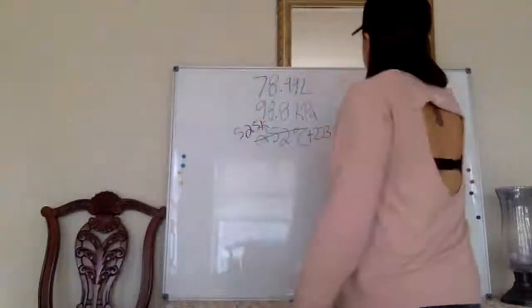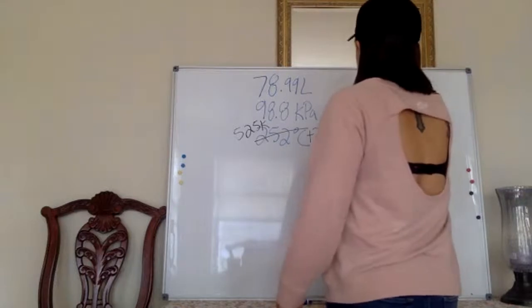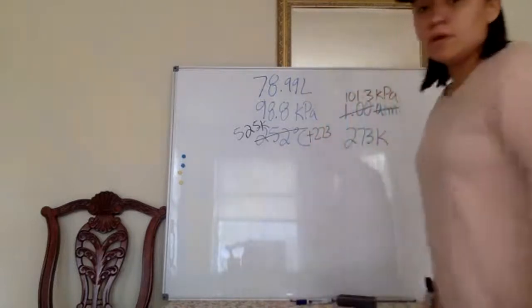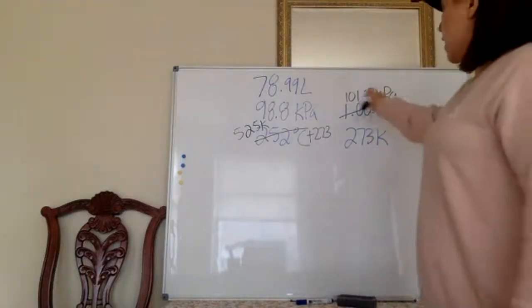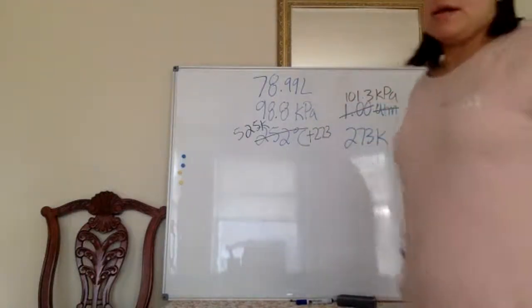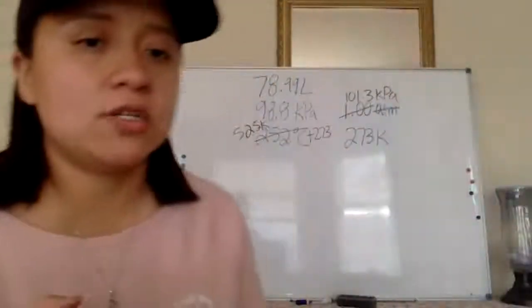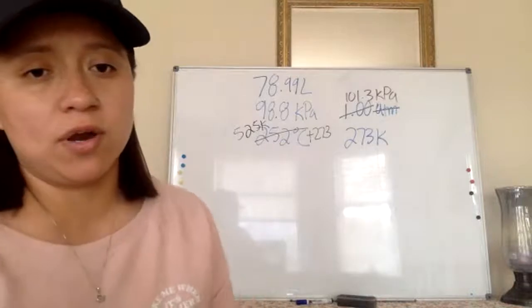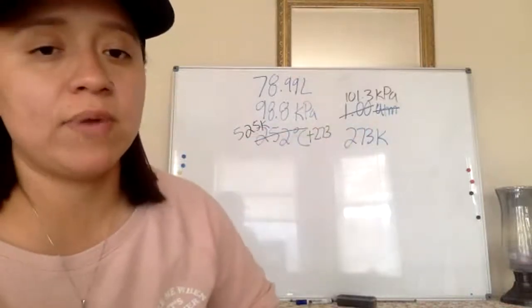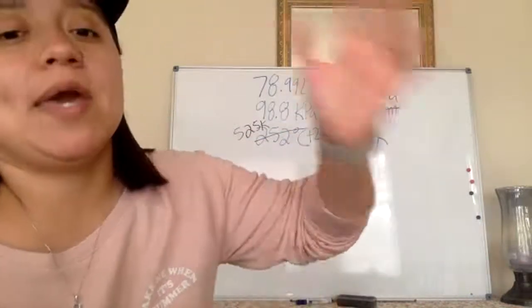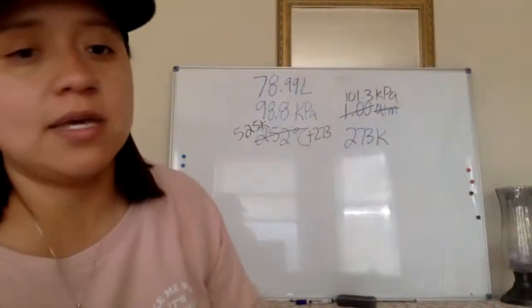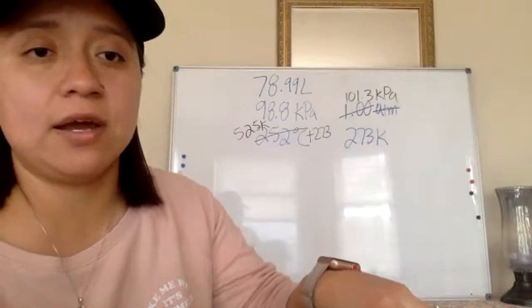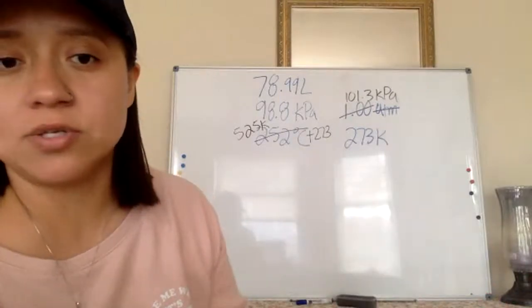So instead of one ATM, I'm going to use 101.3 kPa. That way kPa matches kPa and units match. I didn't have to do any math because I already know what one ATM equals regarding kPa. It's just easier to do this than switching the kPa, doing the math, and changing it to ATM. So now I can put everything in there and input it, and I should get an answer.